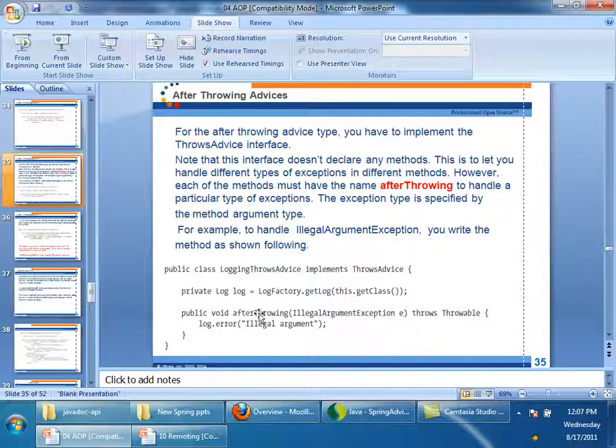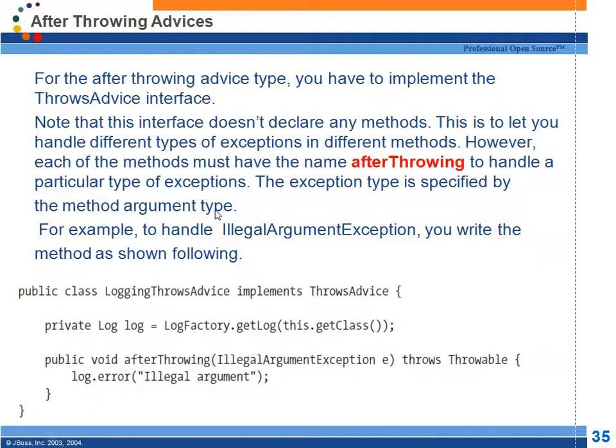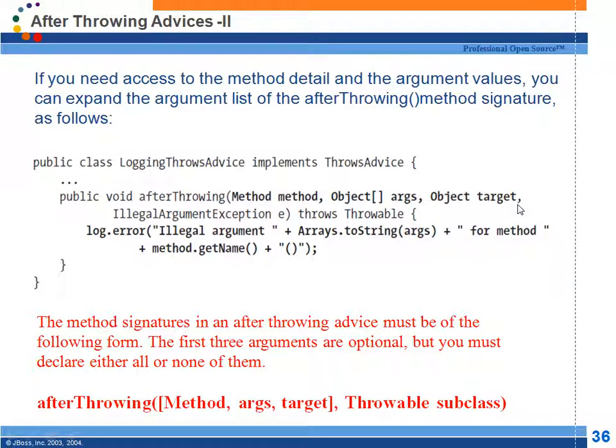And also in this throws advice, these are the optional parameters. See, you can write afterThrowing with these parameters also. Previously I said only the exception argument is the mandatory one. These are all optional.